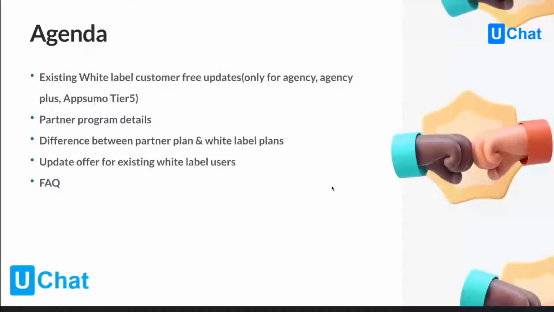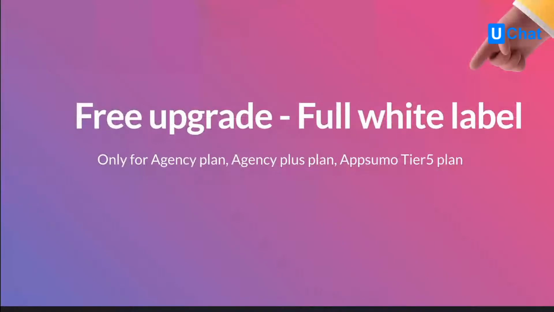So first of all, it's a free upgrade. We have been working for the past few months, getting a lot of new apps published, and that is for our partner program. But now we want our existing agencies to have this for free, okay?